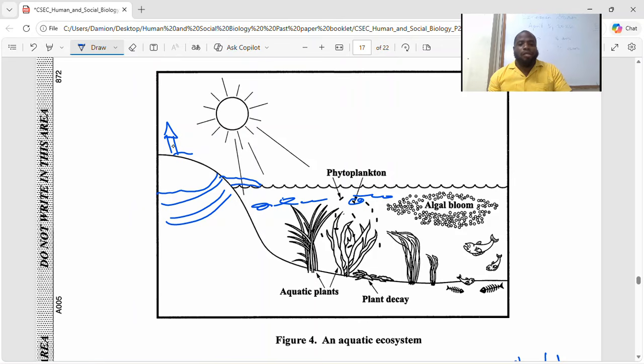So it's going to block the sunlight from reaching the aquatic plants along with the phytoplanktons. So you know what that caused? That caused a reduction or complete stopping of photosynthesis. Photosynthesis is the process by which these aquatic plants and the phytoplanktons make their food, which is glucose.